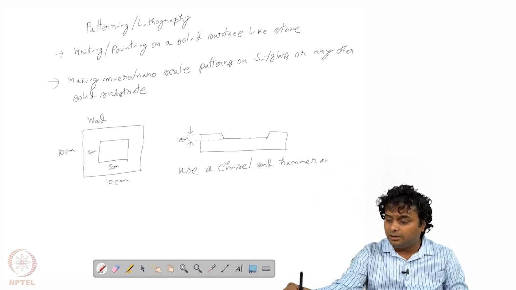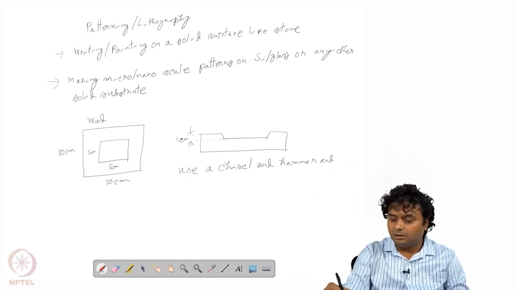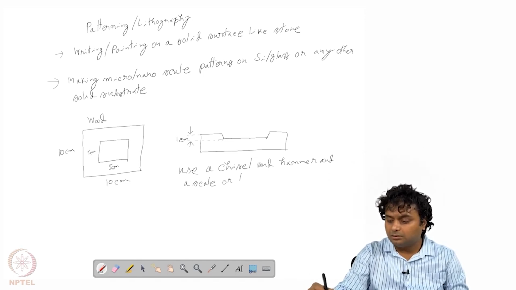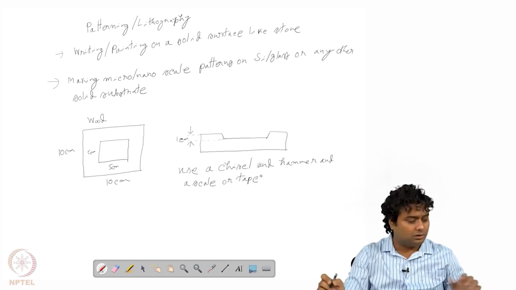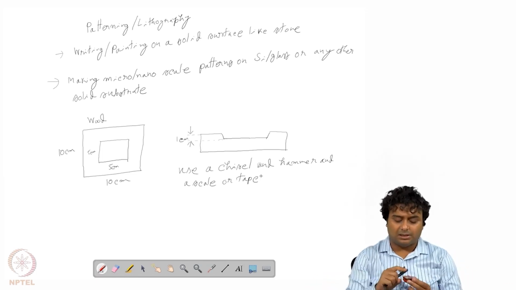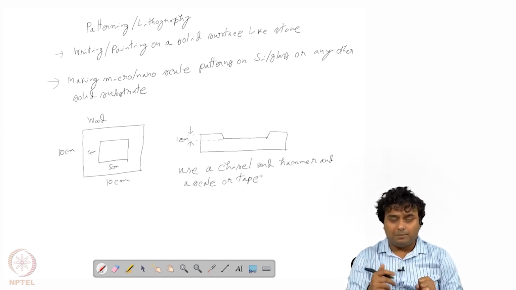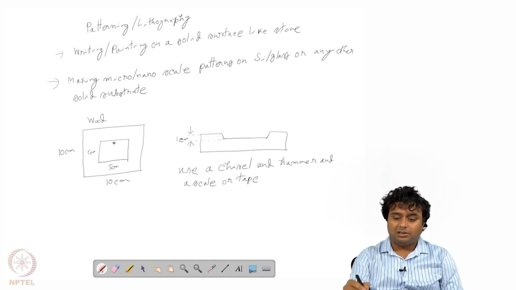And definitely we need a scale or tape to measure. So it is simple: we take the wood piece, then we make the drawing which is 5 centimeter by 5 centimeter using the scale, and then using our hammer and chisel we can remove the material from this region, right.